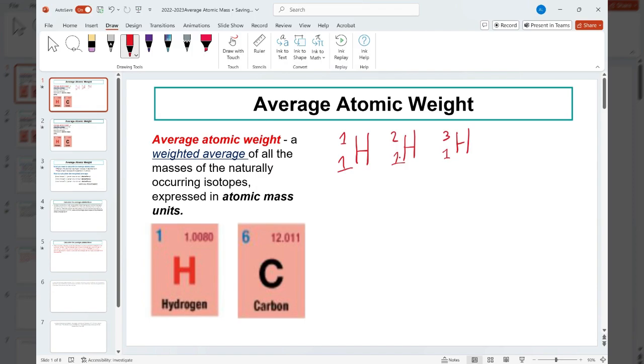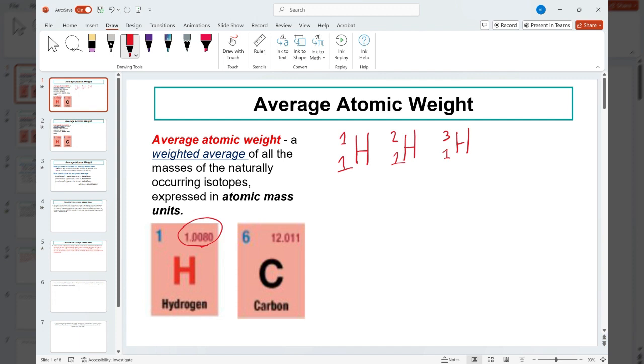Protium, deuterium, and tritium. So this number right here is the average atomic weight for hydrogen. So what happens is we take the weighted average of each of these isotopes to find this number right here.